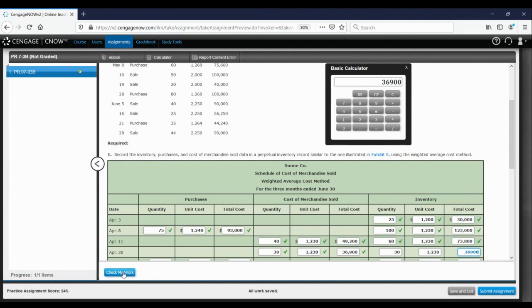Do you understand what I've done in this transaction? My second journal entry would be a debit to cost of merchandise sold for $36,900 and a credit to merchandise inventory.